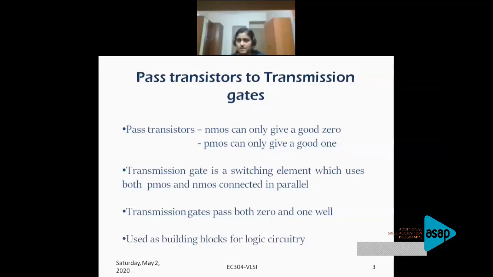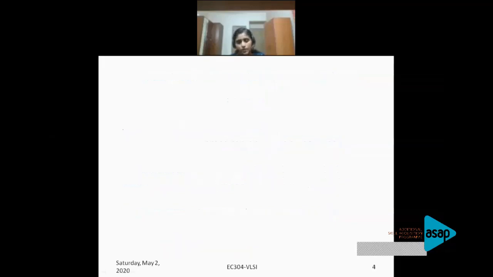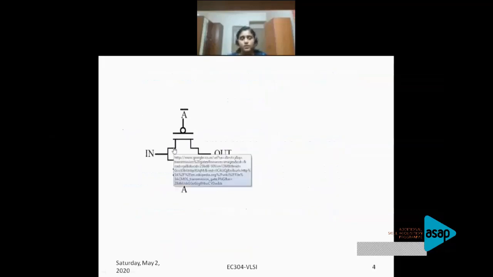So that is just a glance at what a transmission gate is. The basic idea is that a transmission gate is a switching element with both NMOS and PMOS connected in parallel, and such circuits are used to implement logic circuits. As I told you, here I have an NMOS, and to this NMOS we also have a PMOS connected in parallel.